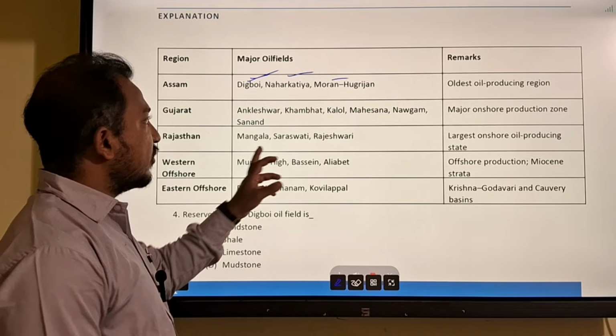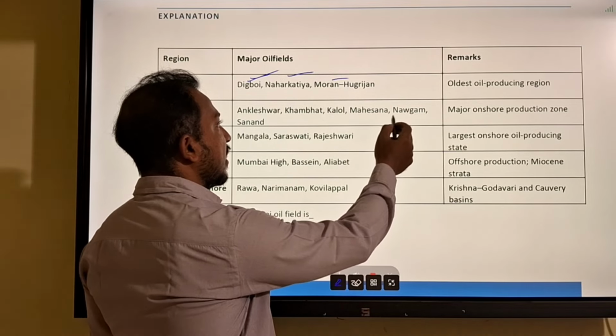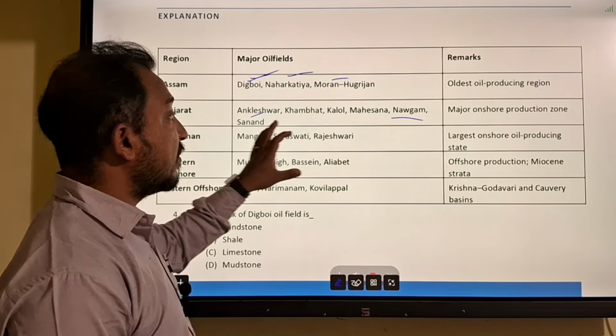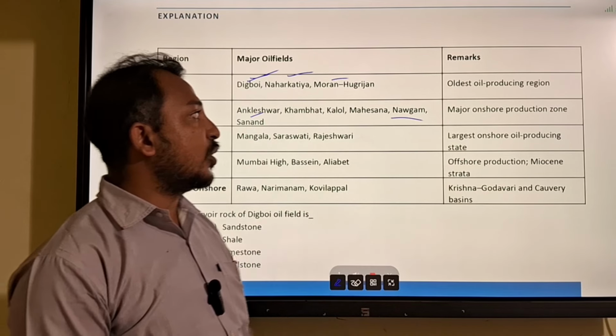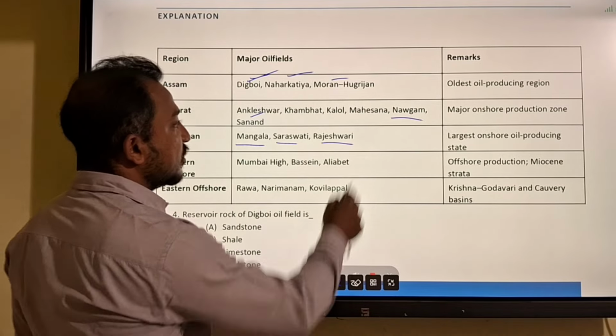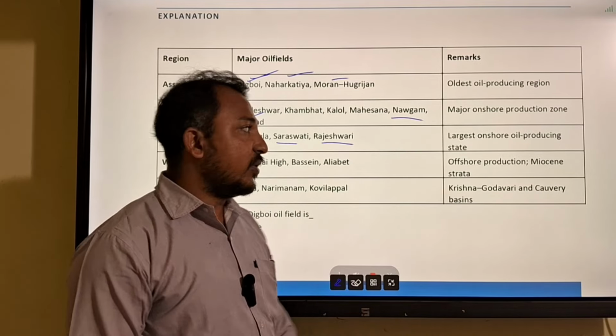Then in Gujarat you'll get Ankleshwar, Cambay, Kalol, Mehsana, Nawagam, and Sanand. These are onshore production, within the land. Then in Rajasthan you have Mangala, Saraswati, and Rajeshwari, which are also oil producing.